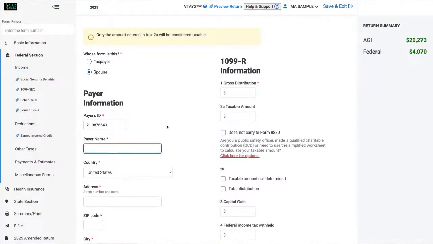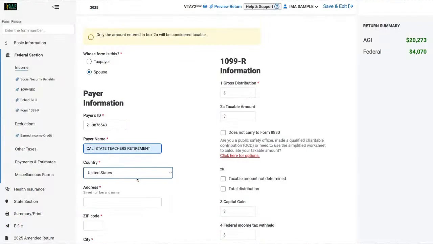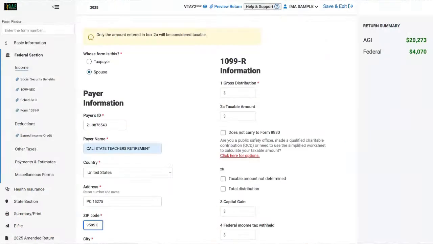It also gives us California State Teachers Retirement. For the address, we see PO Box 15. Y'all should be putting this stuff in too, so we get the same results when we're done. And the California zip code, which actually is correct this time. So you should put this here.